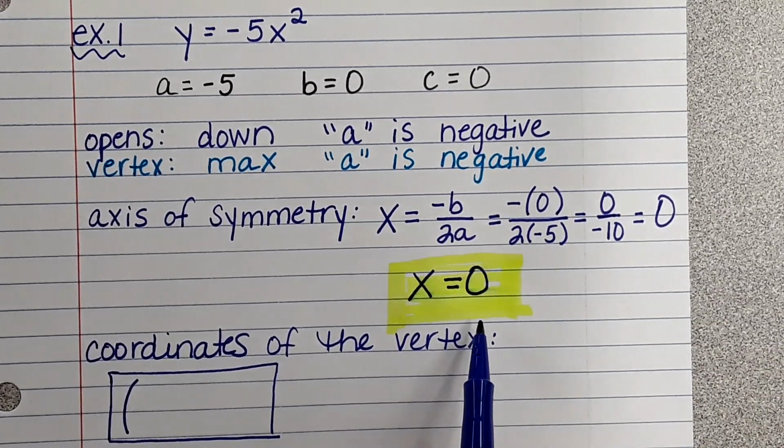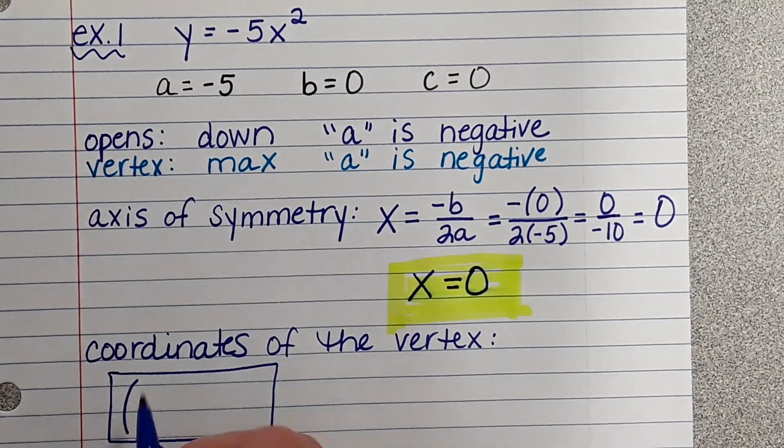So what did we just get for the axis of symmetry? 0. And now it says plug the axis of symmetry in for x and solve for y.